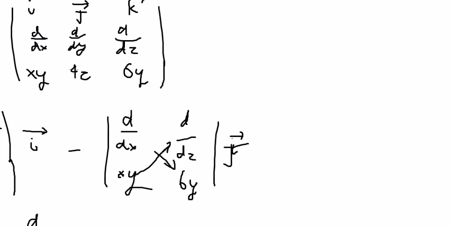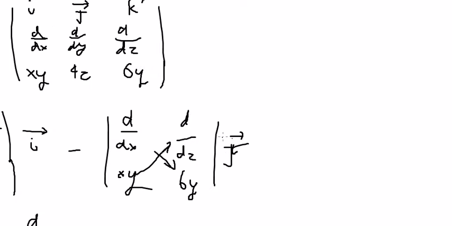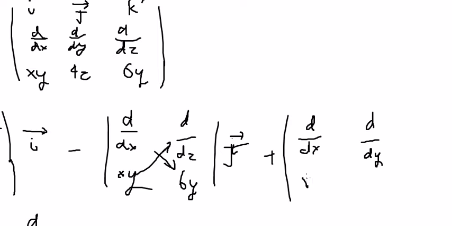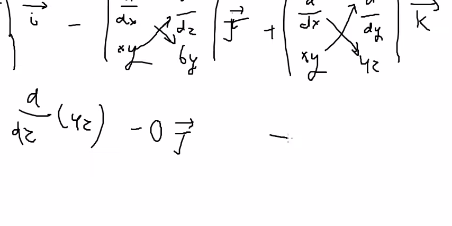Next, the last one, that should be this one. This one multiplied with this one, and this one multiplied with this one. So you get negative x of vector k.